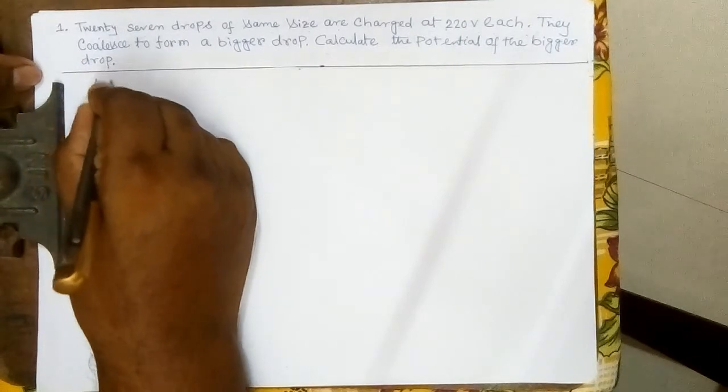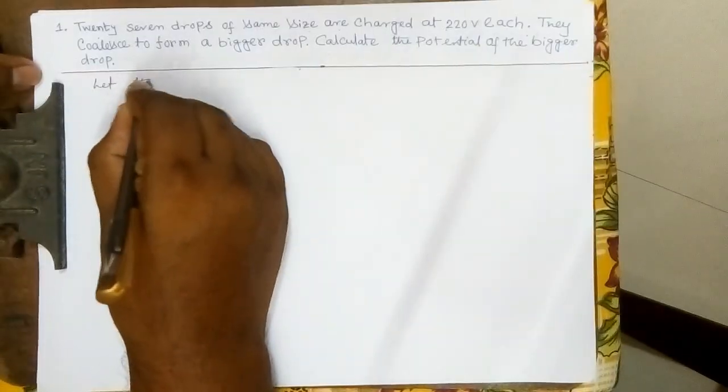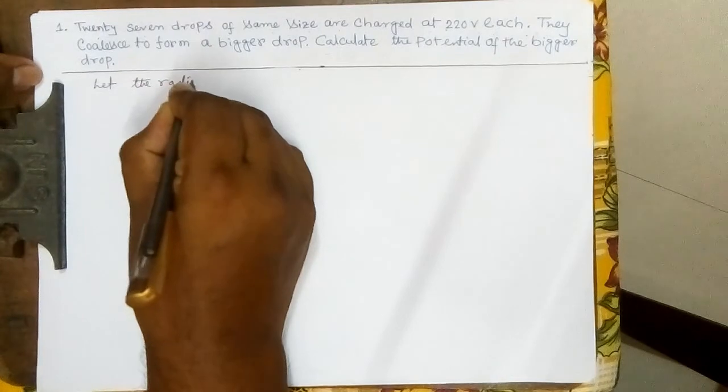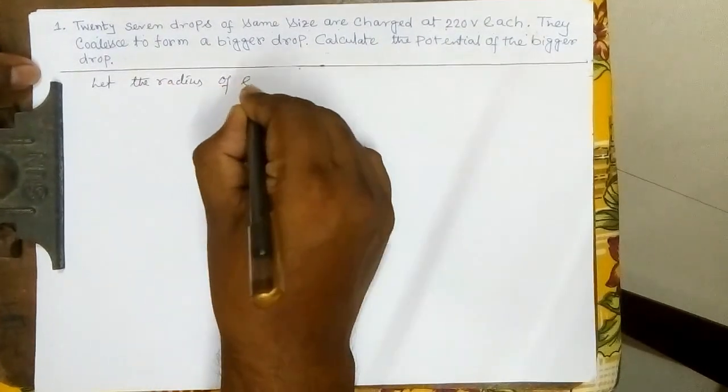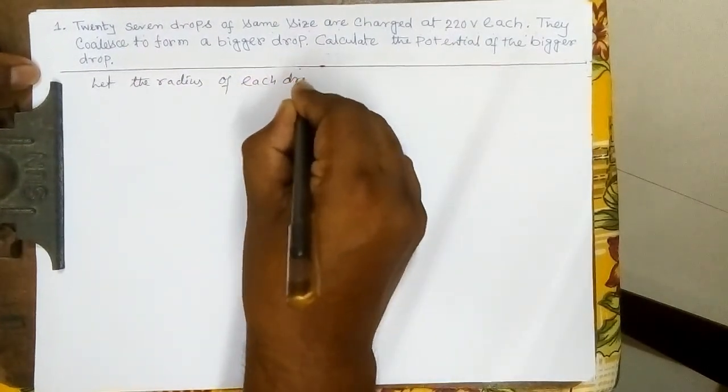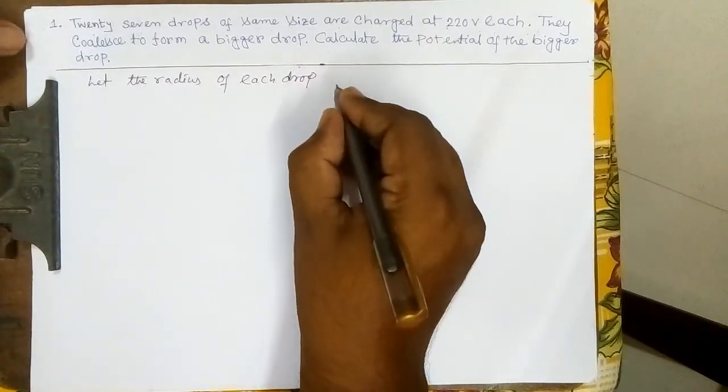So let the radius of each drop be small r. As we are talking about a drop, we have to assume that it's a sphere.